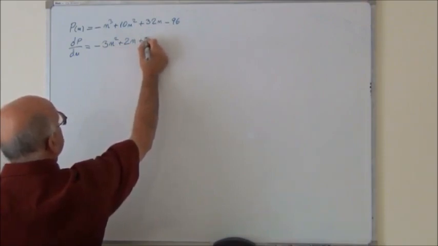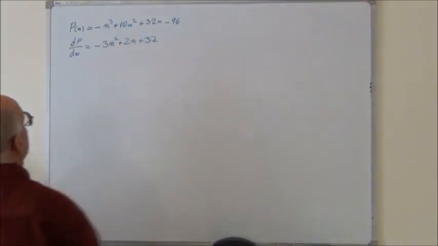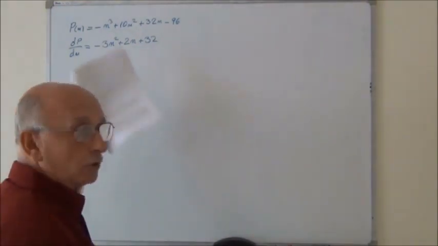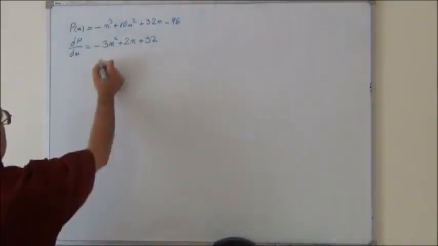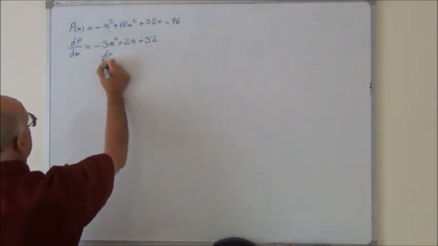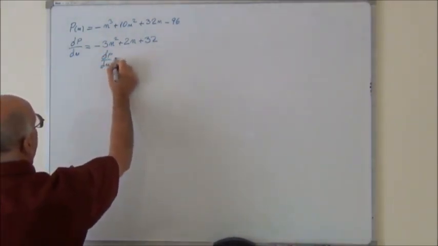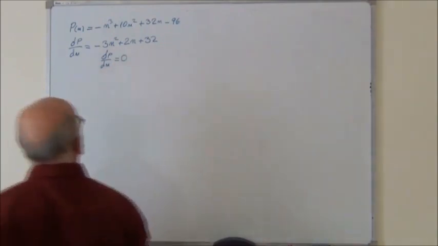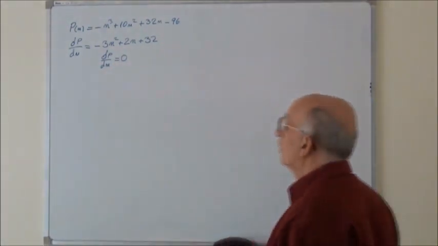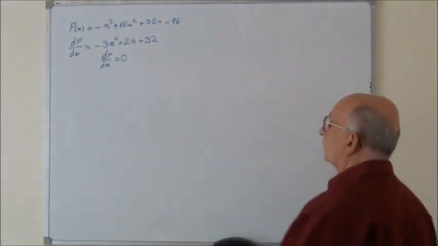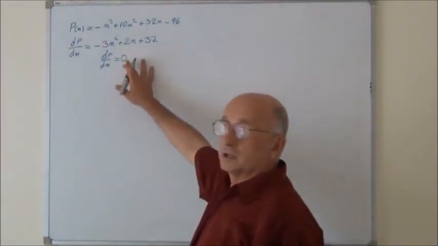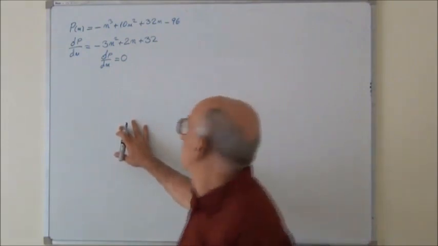and plus 32. Maximum profit will be when the derivative dP on dn is equal to 0. So all we have to do is equate this expression with 0 and find solutions for n.